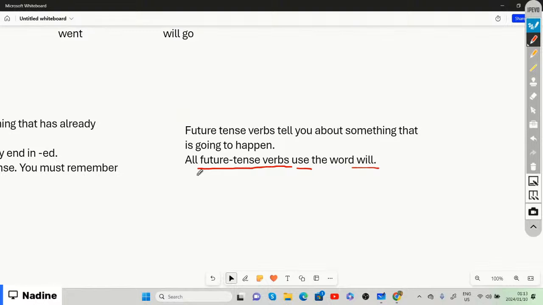And with the future tense, like we said, it's going to happen, whether it happens tomorrow, next week, in 5 hours from now, or next year. It will happen.